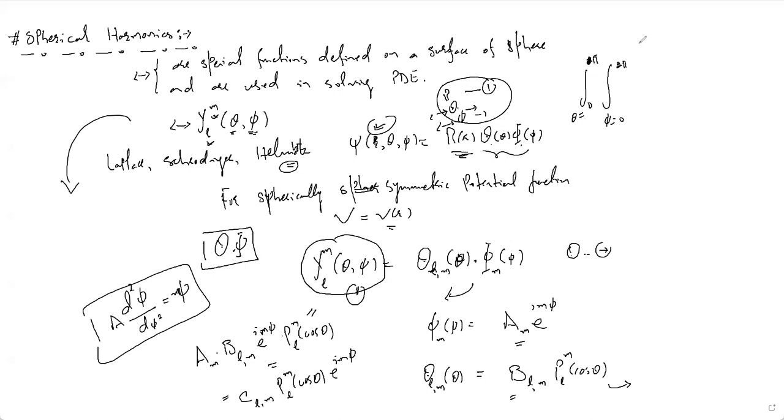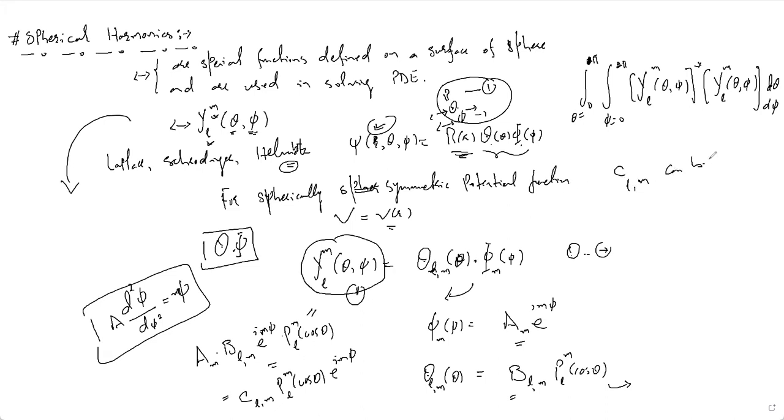Then we have Y_lm(theta, phi), take its complex conjugate, multiplied by Y_lm(theta, phi), with d theta d phi.